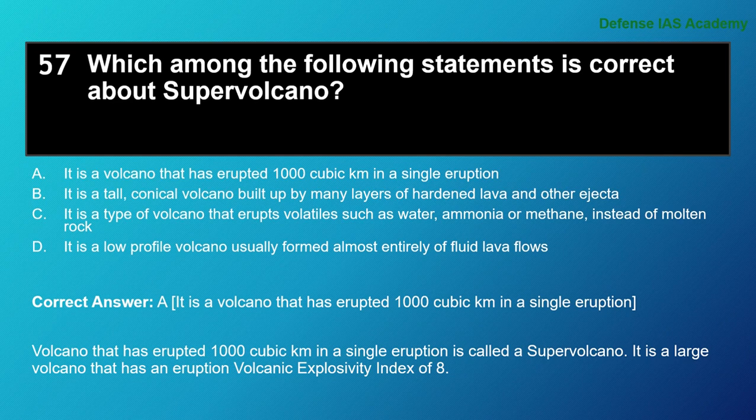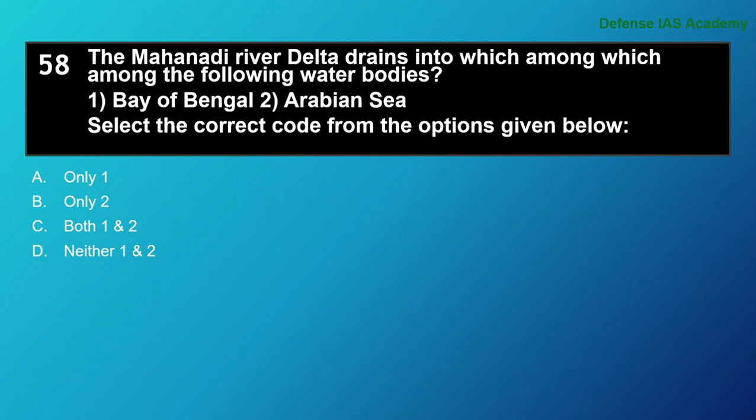A volcano that has erupted 100 cubic kilometers in a single eruption is called a super volcano. It is a large volcano that has an eruption volcanic explosivity index of 8. So a volcano that has a volcanic explosivity index of 8 is called a super volcano, which can spread up to 1000 cubic kilometers.